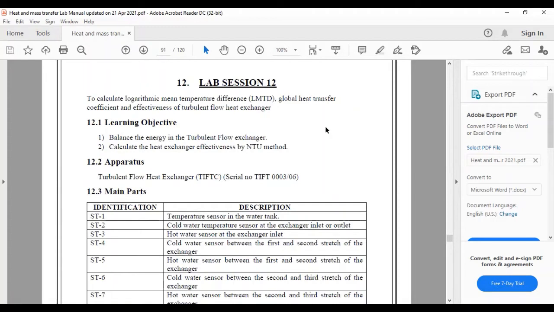We will use all the personal protective equipment, and we will check the condition of all the sockets and switches in the lab, so that they are able to bear the heavy loads of these apparatuses. So let's move towards the lab, and we will learn how to perform this experiment on the turbulent flow heat exchanger.